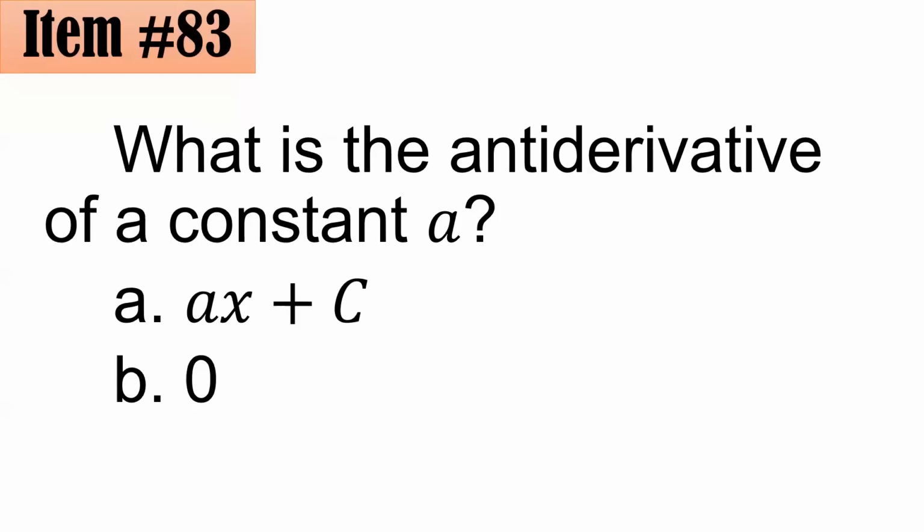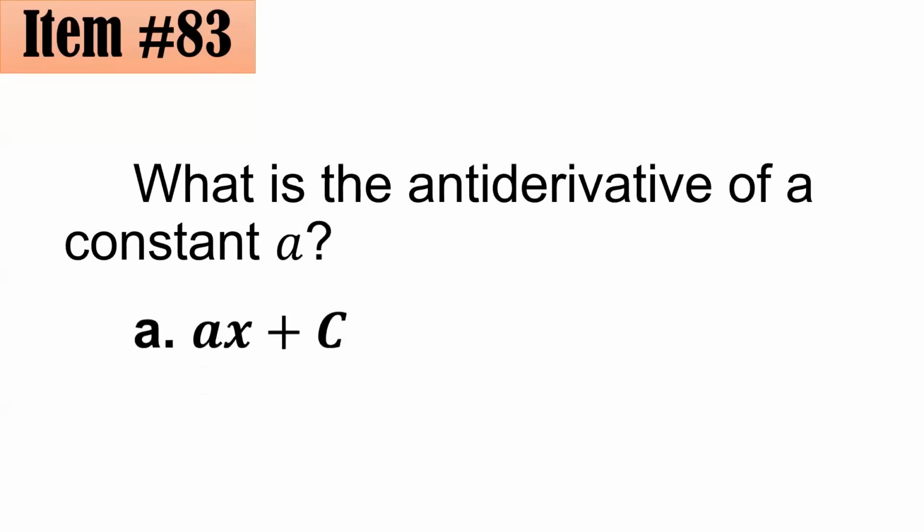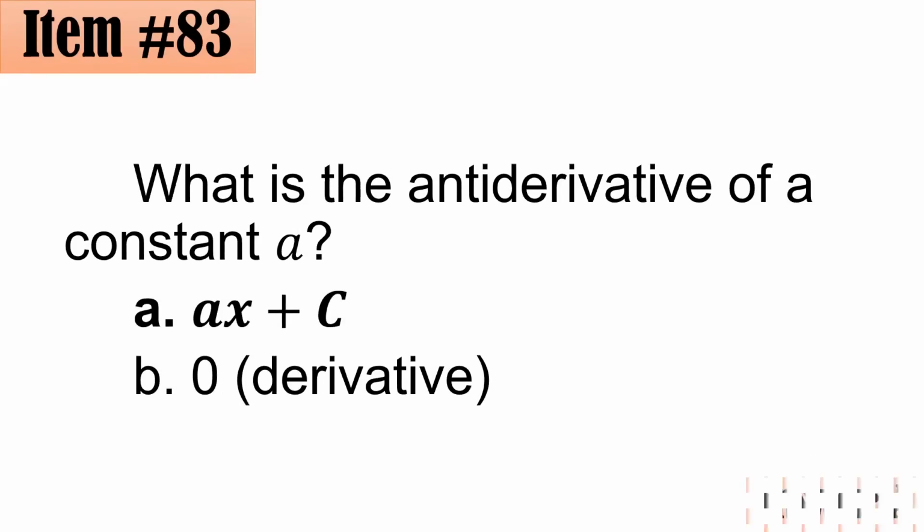Take note that anti-differentiation is the opposite of derivation, or of your derivative. The correct answer is letter A, AX plus C. You just add the variable X, and it will be added by a certain C, or constant.